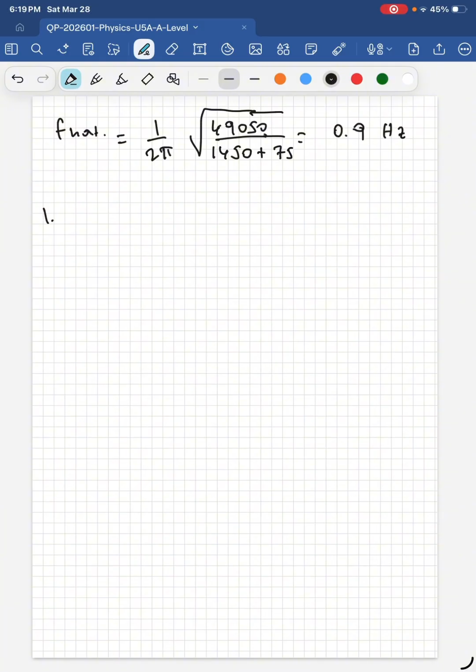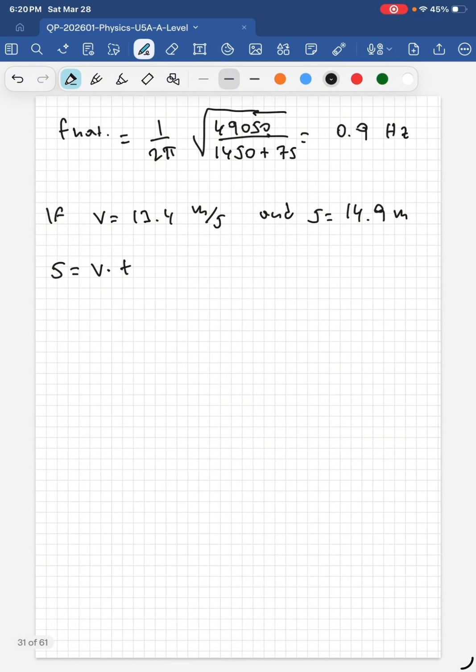Okay, if v is 13.4 meters per second and s, the distance between the speed bumps, is 14.9 meters, then we can create a frequency using s is v times t, since the velocity is constant, right? So t is s over v.